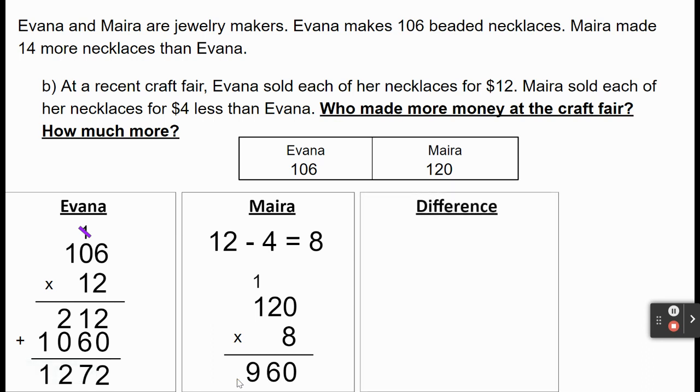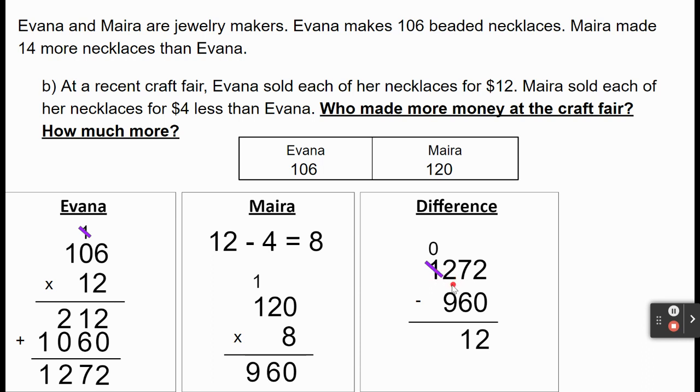So we're going to find the difference by subtracting 1,272 minus 960. So we'll subtract 2 minus 0 to get 2. 7 minus 6 is 1. 2 minus 9 we can't do, so we need to regroup. So we're going to regroup 1,000. That means we have no thousands left.